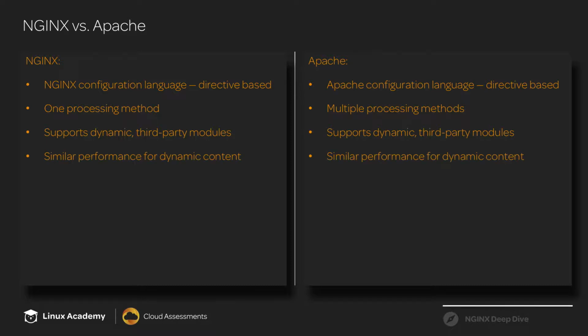When it comes to dynamic content, or acting as a reverse proxy to some backend servers, NGINX and Apache have roughly the same performance in terms of how fast a single request is going to be resolved. When we're not working with dynamic content, we will be working with static files, and this is an area where you're going to find a distinct difference between the two of them. NGINX is very, very performant when it comes to serving static files.